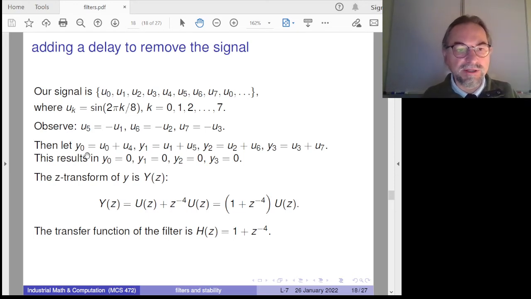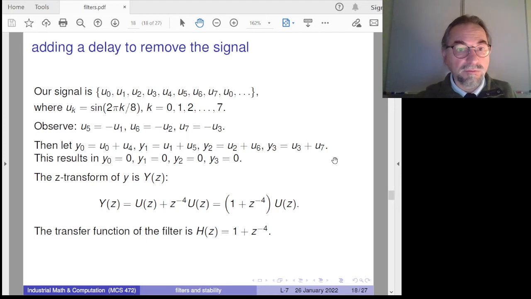So let's do this here. That means that the first four numbers are then 0. And we do this all over again. So we have this symmetry. The negative numbers are then compensated by the positive numbers in the next half cycle.